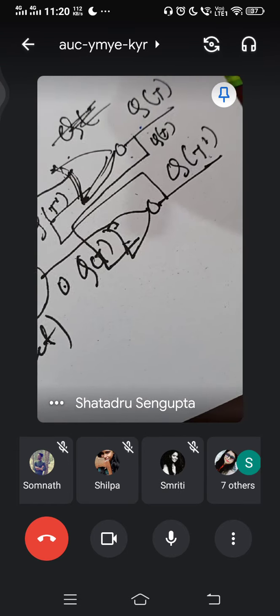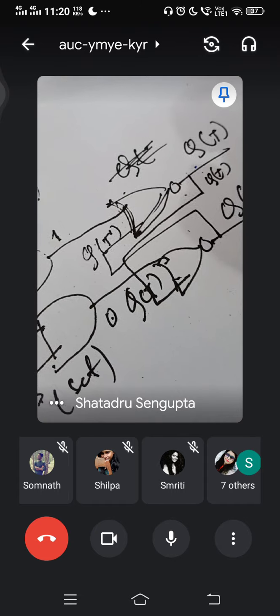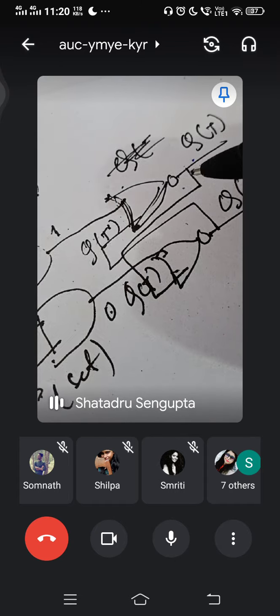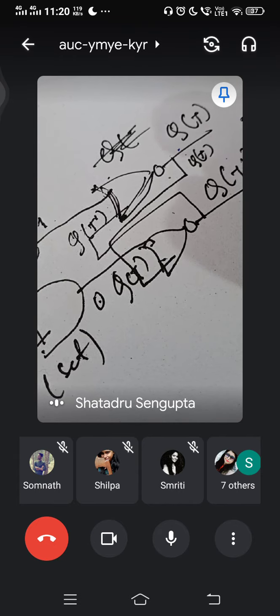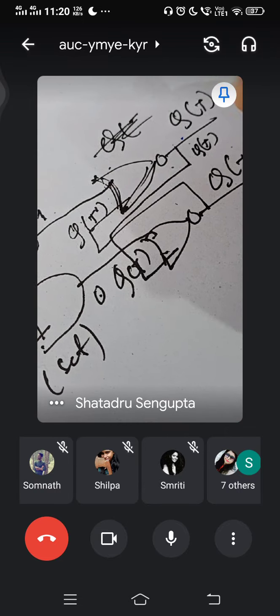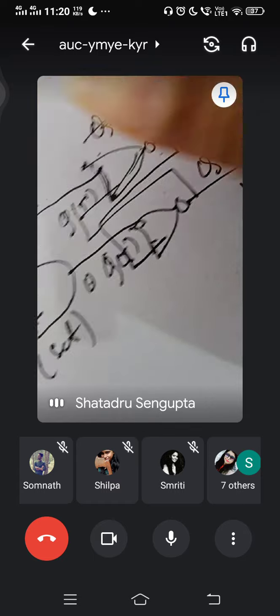And because of the inherent nature of the NOR gates, this resetting will come out as 0 and the Qt dash will come out as 1.